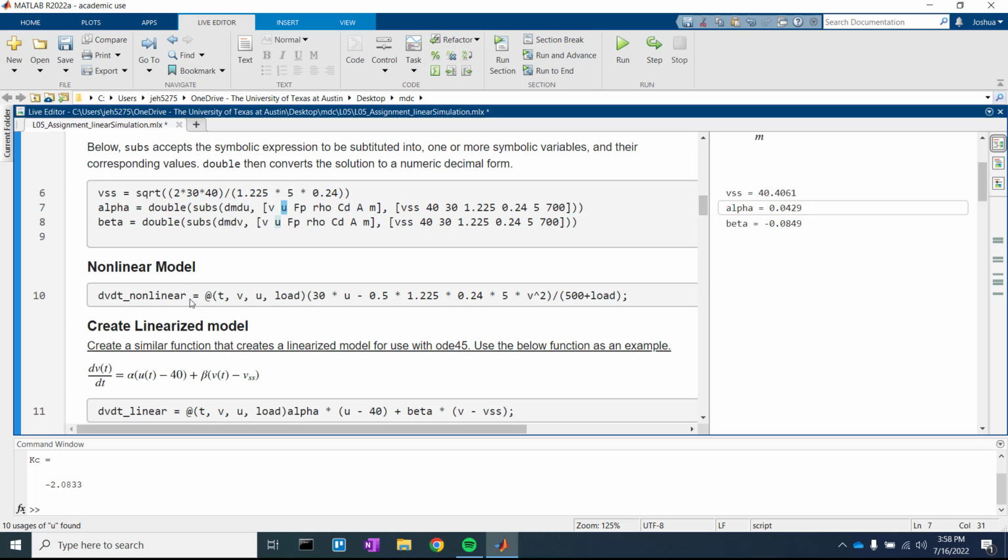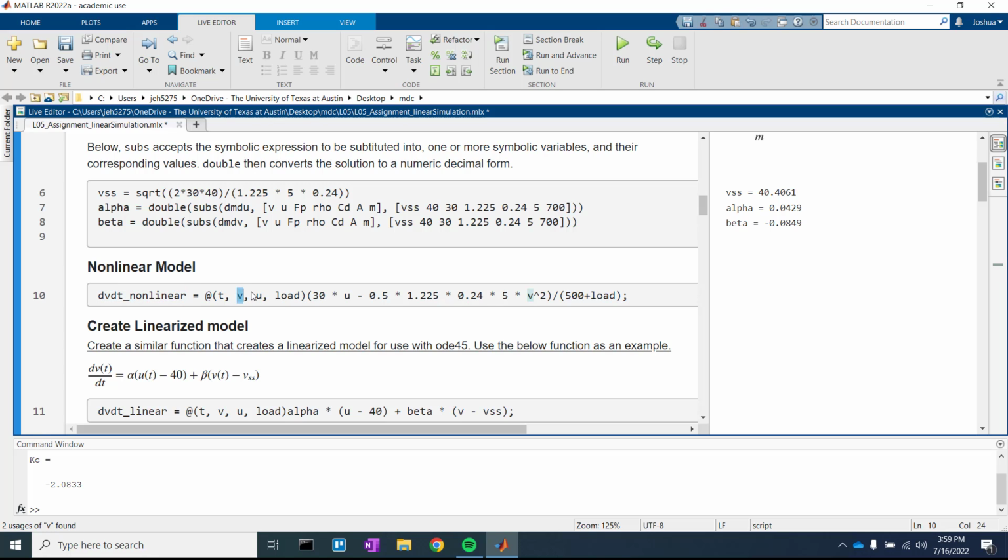Now let's look at our nonlinear model. Our nonlinear model, we're going to initialize a function. We've done this a few times. This is how to do it in a one-liner where we have dv dt, the derivative of velocity with respect to time, in the nonlinear form, is equal to some anonymous function with this at symbol. That means that we're saying this dv dt is going to be the name of it, and it's going to accept the arguments of t for time, because if we're going to integrate something, we need that as the first argument.